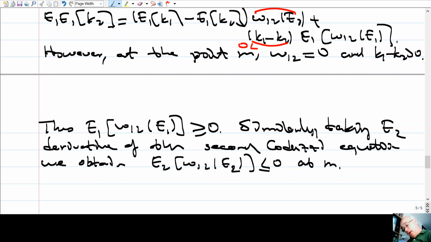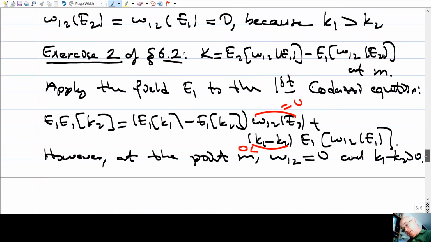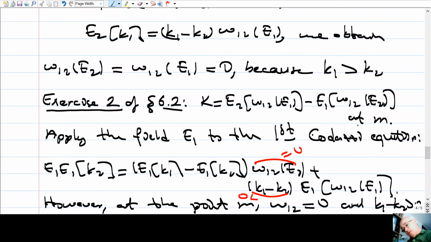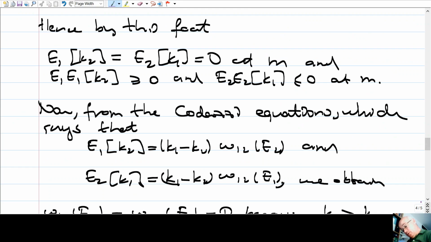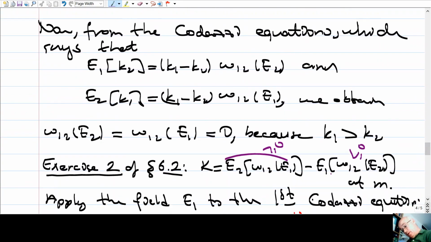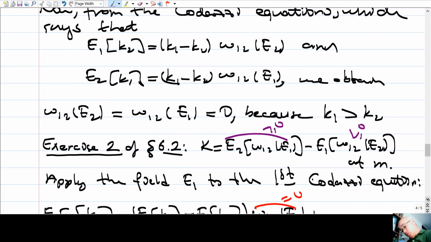Okay, but then let's look at this exercise. The exercise tells me that Gaussian curvature is the difference of these two gadgets, and we know that the first one is non-negative, and the second one is non-positive.